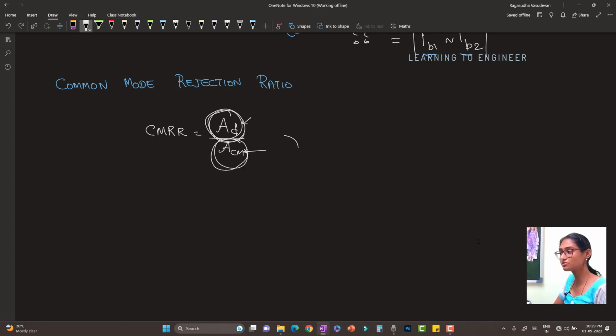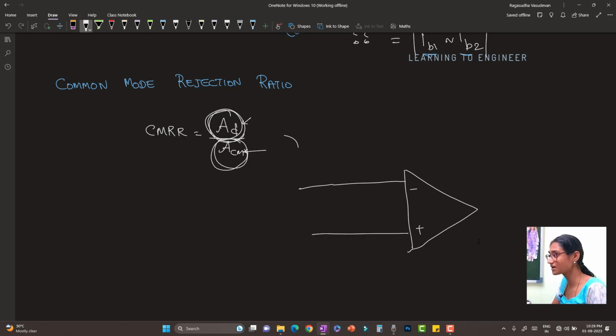To make things easier, consider this scenario. I have an op-amp with a negative terminal and a positive terminal, and to both these terminals I am connecting the same supply. Let's call it VA.